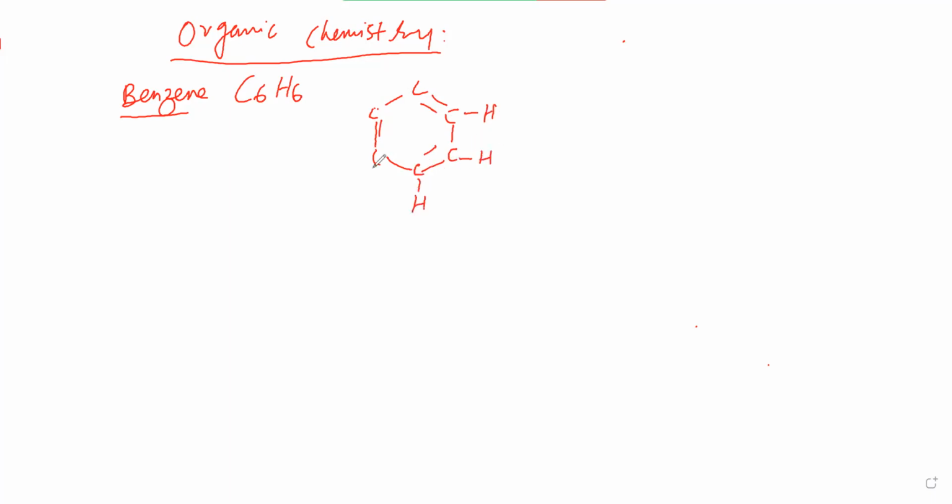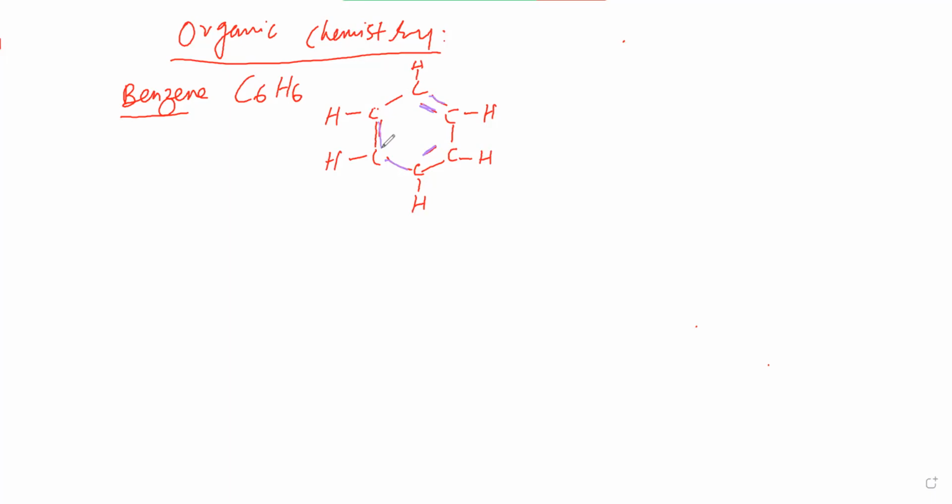Is it clear? Yes. That's called benzene, C6H6. You can see here a double bond, then single, then double, then single, then double bond. Got it?